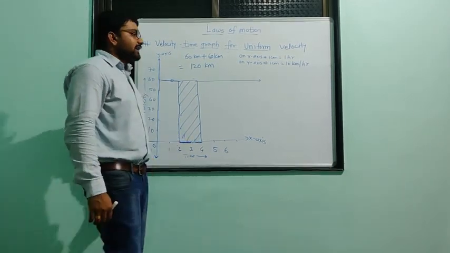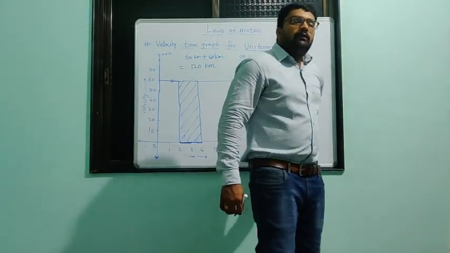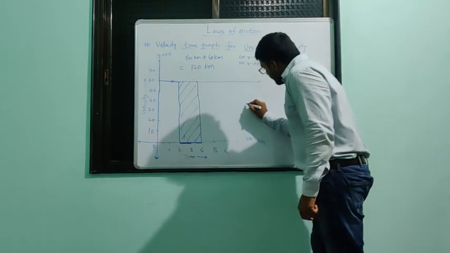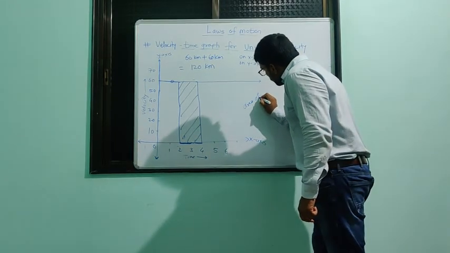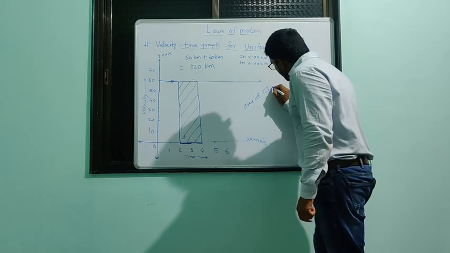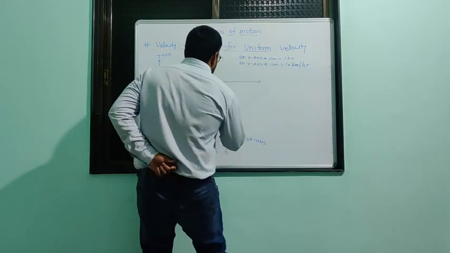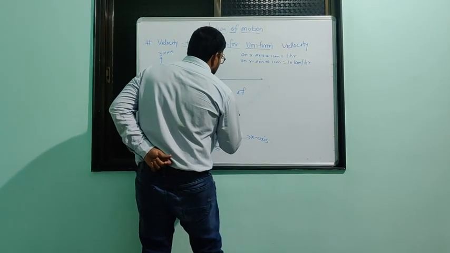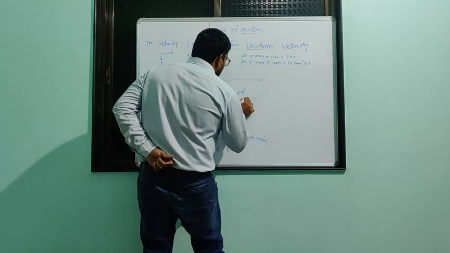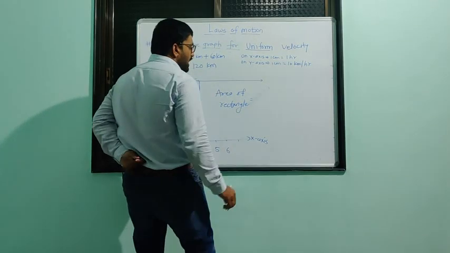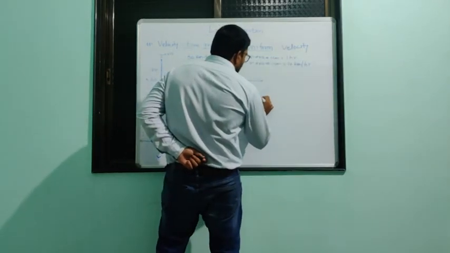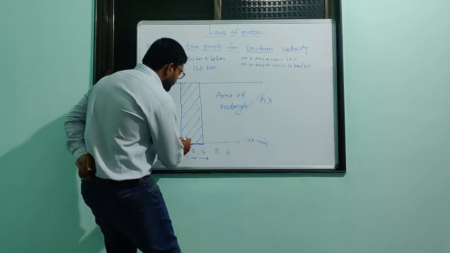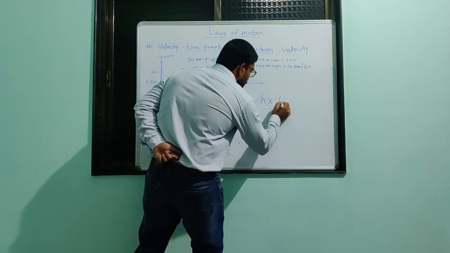We know this is a rectangle, and the formula for the area of a rectangle is height into breadth.